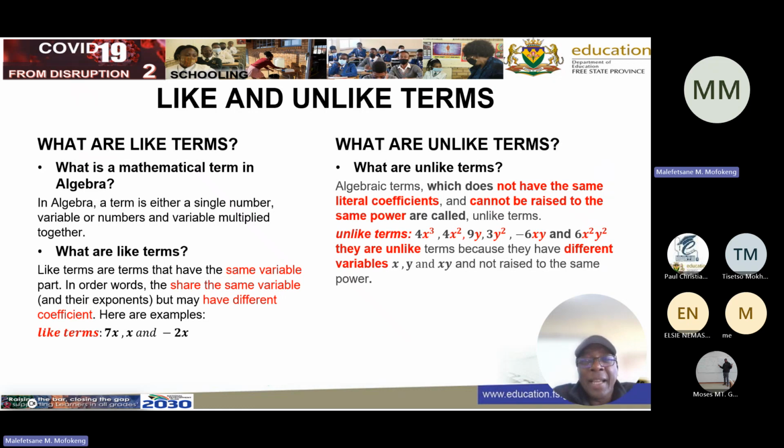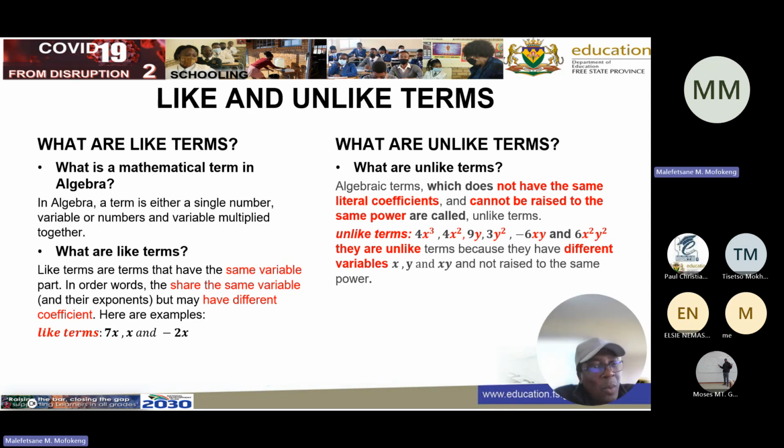Like and unlike terms. What are like terms? And what are unlike terms? What is a term in algebra? In algebra, a term is either a single number, a variable, or a number and a variable multiplied together.